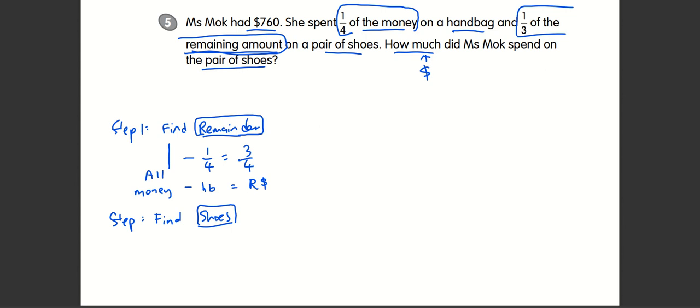So the shoes is 1/3 of the remaining amount here, 3/4 here. I can simplify this and get 1/4. So this is 1/4 of all the money spent on shoes.